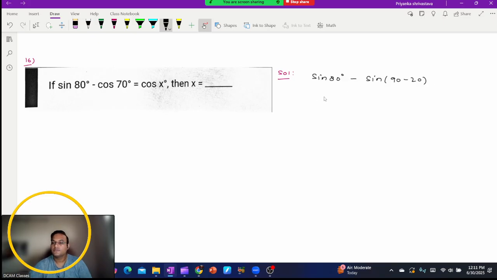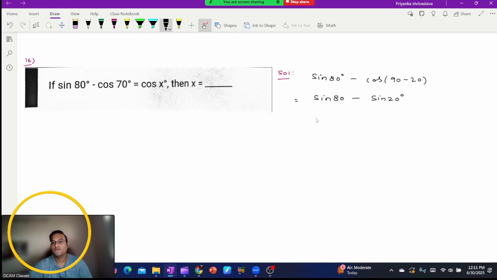So cos of 90 minus theta is sin theta, sin 20.